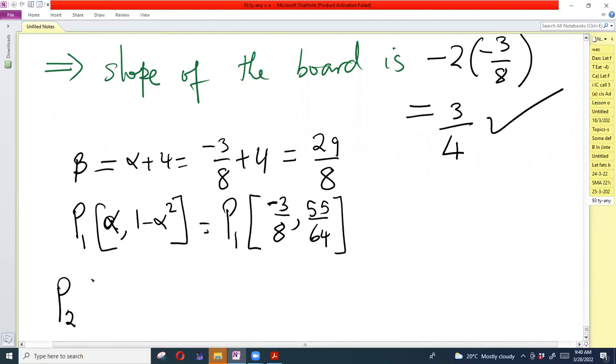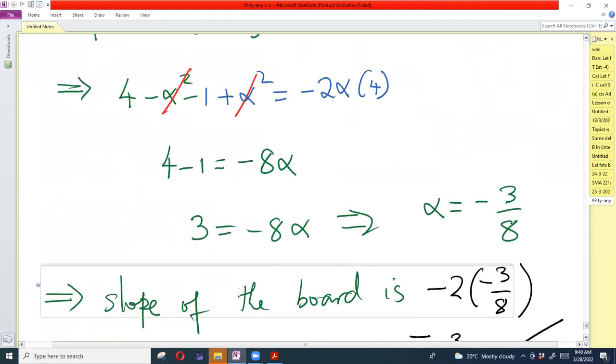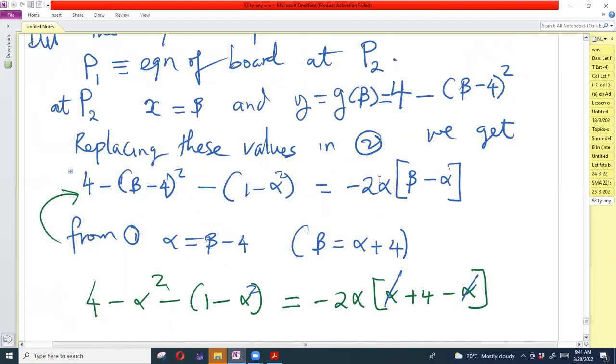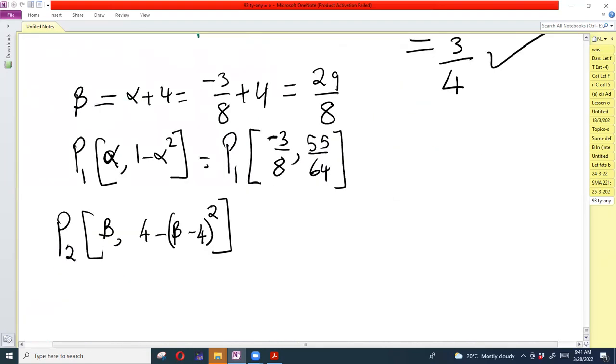And then P2 is given by beta, and then 4 minus beta minus 4 squared. And you see the value of beta minus 4, beta minus 4 was given by alpha. So this is the same thing as saying P2 is beta, comma, 4 minus alpha squared.